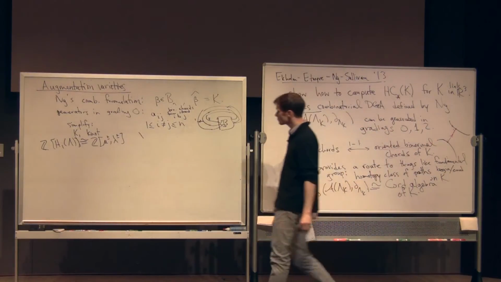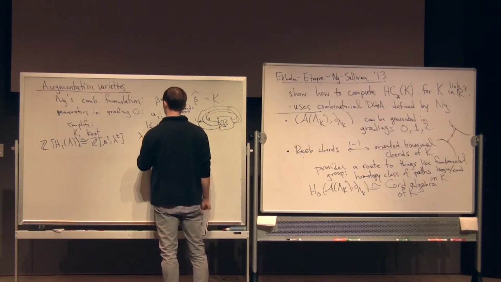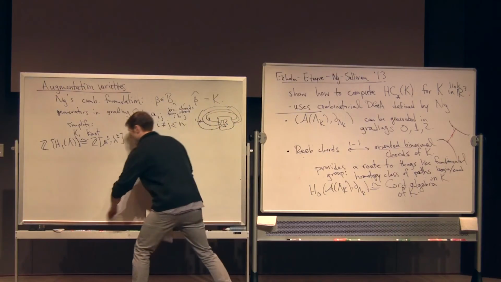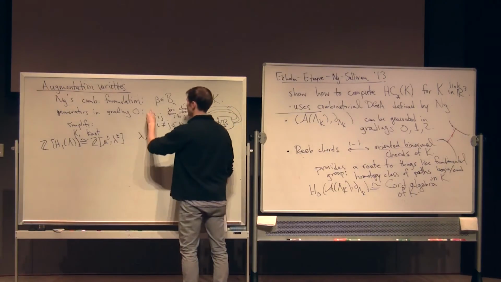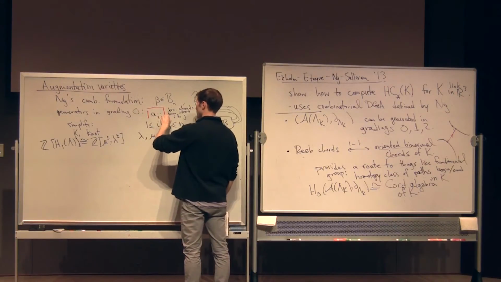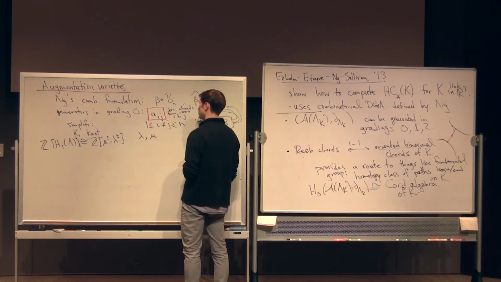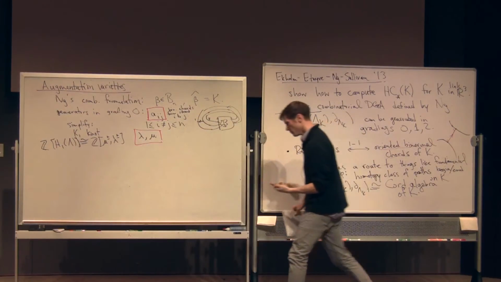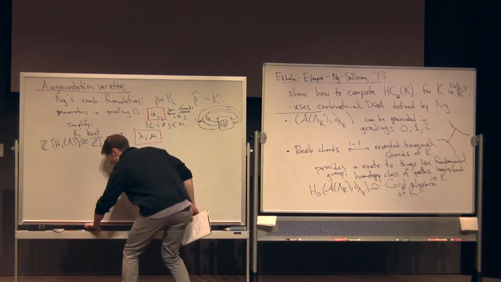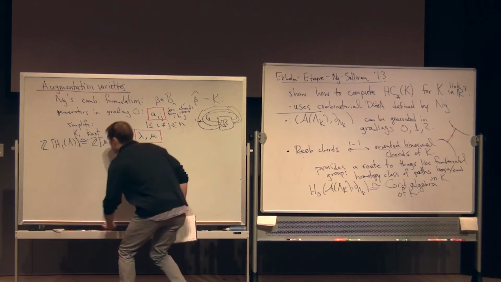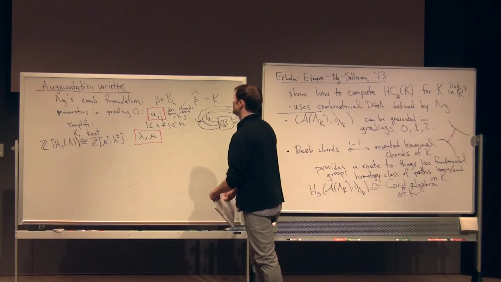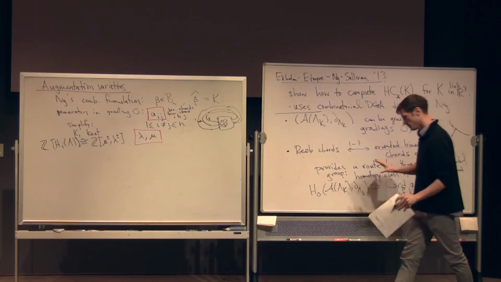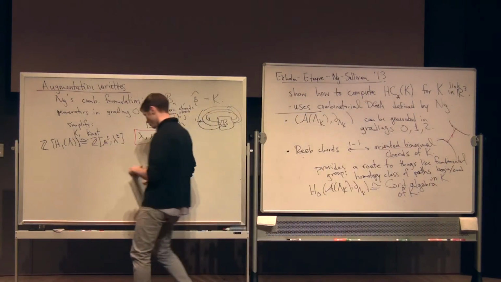So you have these generators Aij and the generators of the ground ring lambda and mu, in which the differential for the algebra is completely expressed in terms of them.